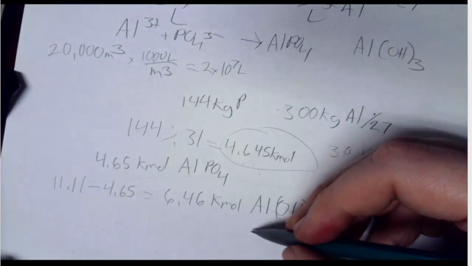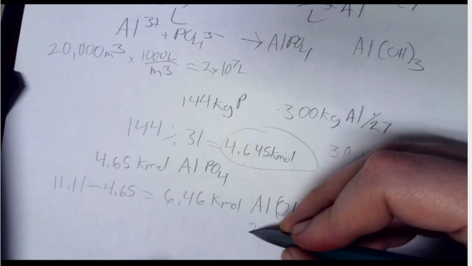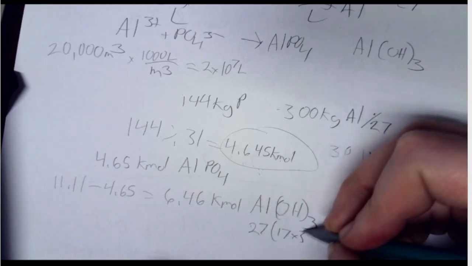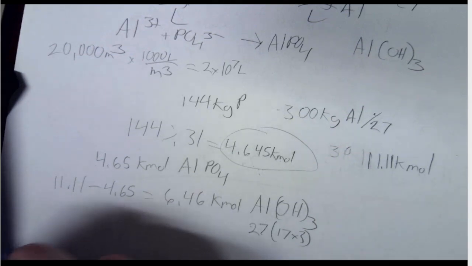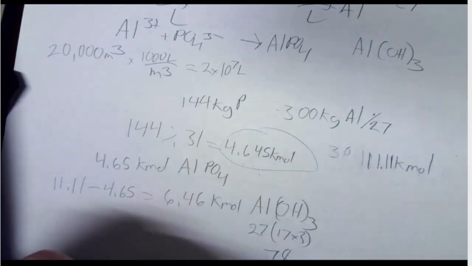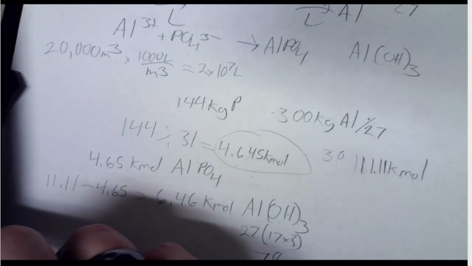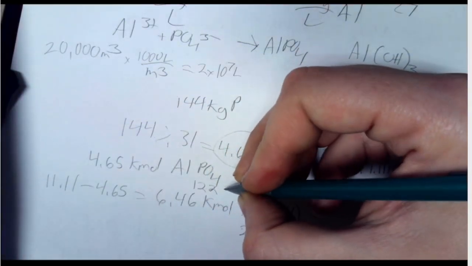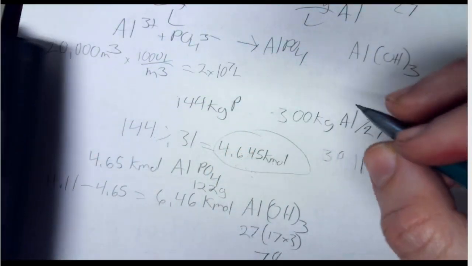To figure out the mass, 17 times 3 plus 27, that's something like 78 grams per mole. 27 plus 31 plus 16 times 4 is something like 122 grams per mole.